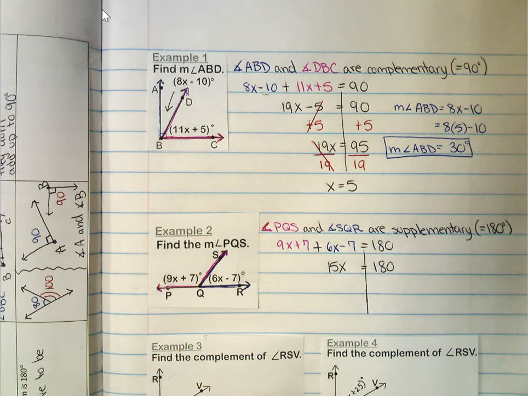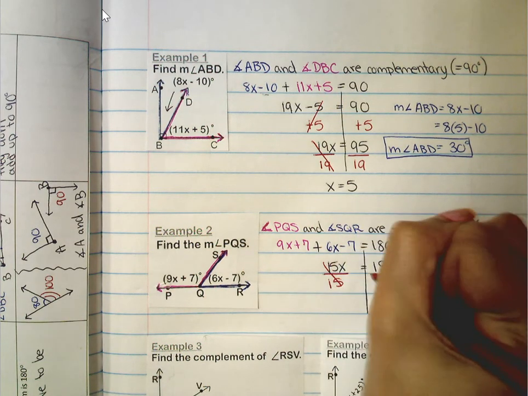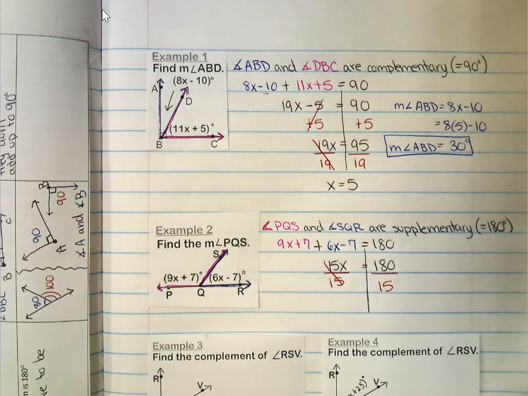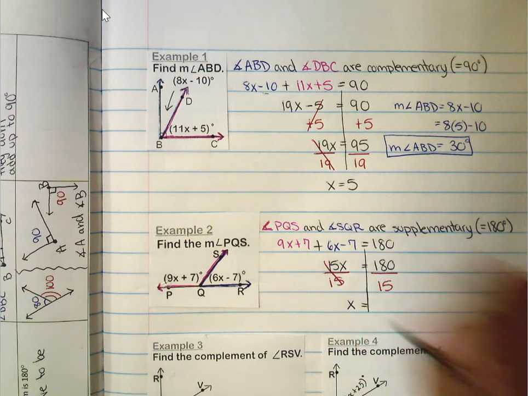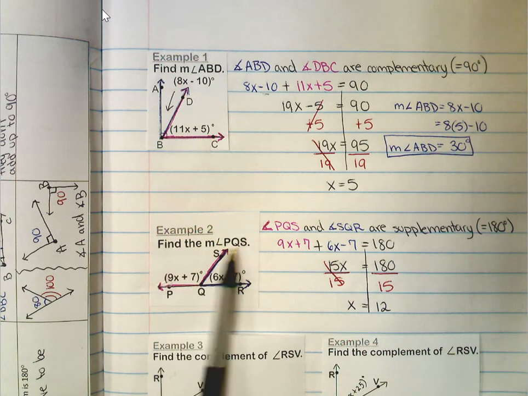Here, the only number I have to get rid of is that 15, and I do that by division. So now I have 180 divided by 15, and that gives me 12. One more time, I'm not done because I have to find the measurement of angle PQS.